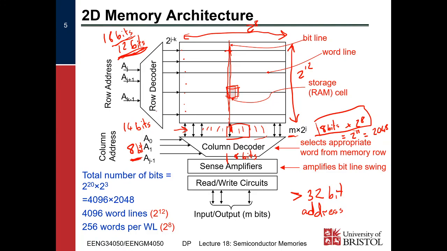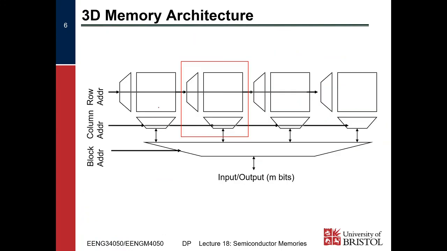We've still got a massive aspect ratio, and so we say, okay, let's just increase the number of dimensions again. So we have a block address which enables one of the blocks of memory. Then we have a row address which enables a particular row in that memory, and we have a column address which selects one of those columns, right? And so we can just increase the number of dimensions on our memory again, so that we reduce the aspect ratio, right?